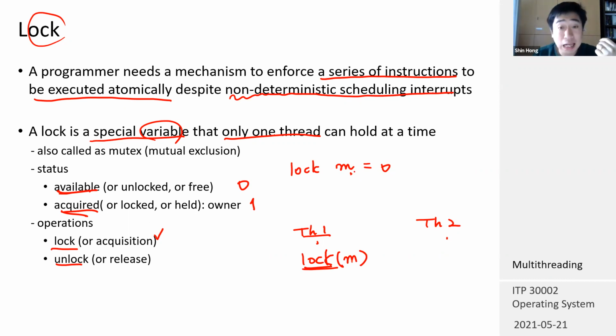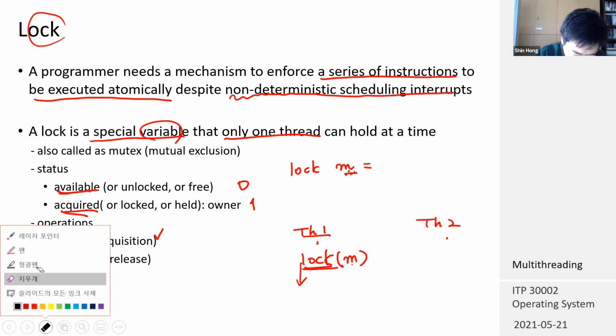The behavior of this operation is that it first checks whether the value of m is available or not. In this case, it is available, so it just moves on. The operation is executed successfully, and control flow goes to the next instruction. At the same time, the lock value is updated to non-available, or acquired.